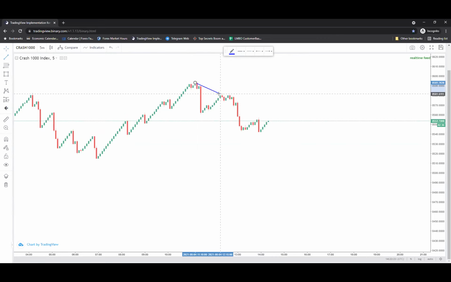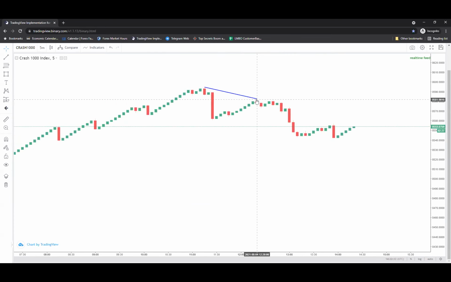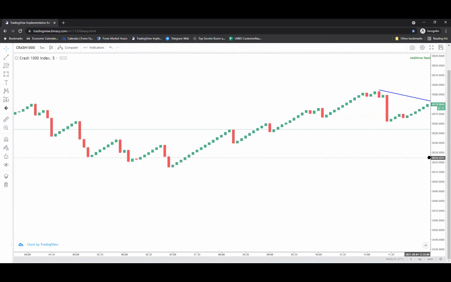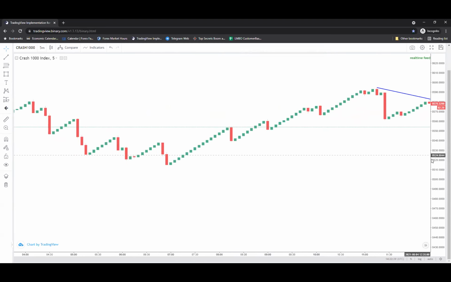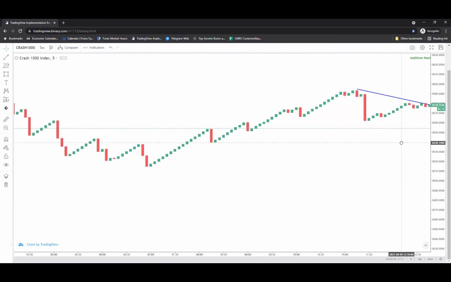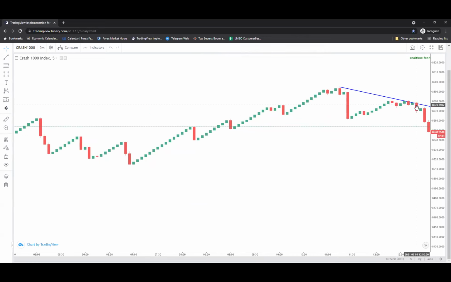Now let's say here you get a spike. I drew a trend line like this and extended it. Let's say the market comes down, then it pulled back, then it pulled back again. What do you see? It worked. It worked.